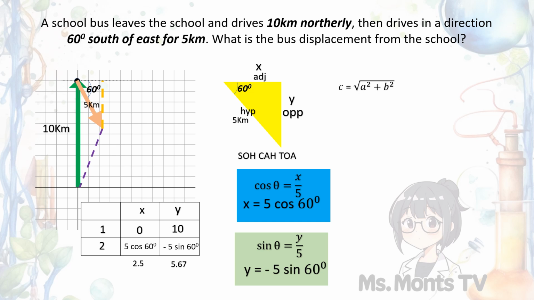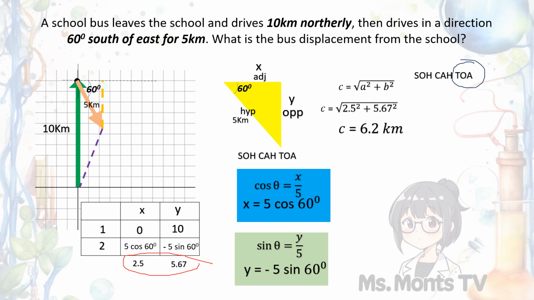Then we need to get the Pythagorean theorem. So this is our x and y component, which is the legs. 2.5 squared plus 5.67 squared, and the square root, that will be 6.2 kilometers. And to get the angle, we're going to use tangent, opposite over adjacent.